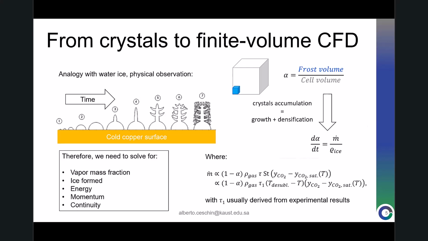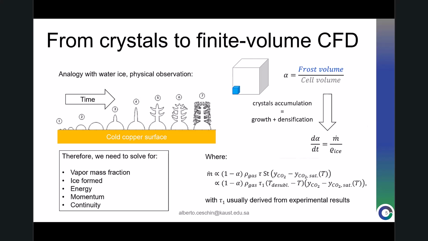So we can design a new solver, and we can solve for the vapor mass fraction. Then we can recover the air from stoichiometry. We can resolve that ODE to get the mass of ice that is growing. Then we can get the latent heat of sublimation that will be part of our energy balance.